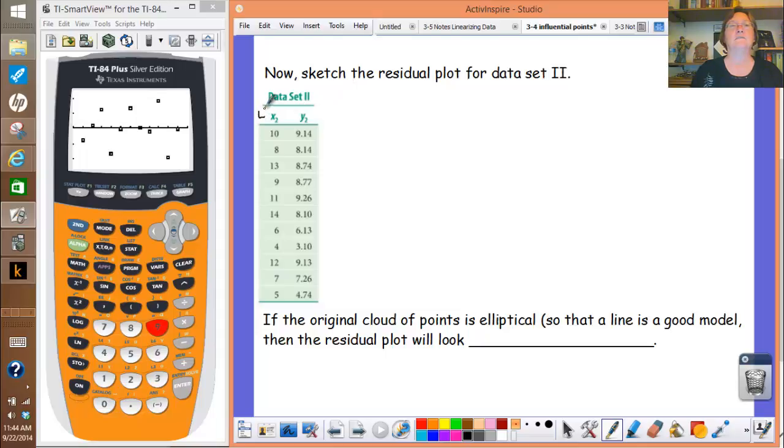Enter the X's in list 1 and the Y's in list 2. By the way, in the Anscombe plot data set 2, the X's are already the same, so all we have to change is our list 2. Once we have that in there, we want to call up the regression equation. We want to paste that in list 3, replacing X with L1.